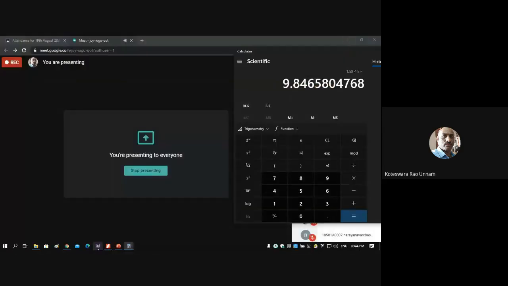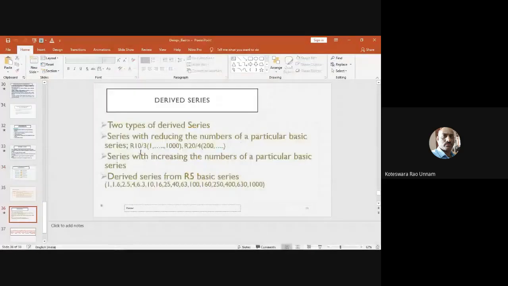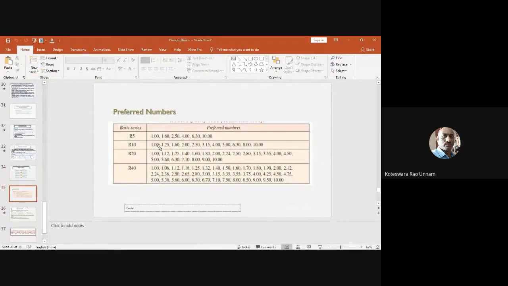So now the starting number is 1. Then you need to multiply this by 1.26. So you get 1.26, which is rounded up to 1.25. So then you got 1.6, 2, 2.5, 3.15, 4, 5, 6.3, 8, and then 10.